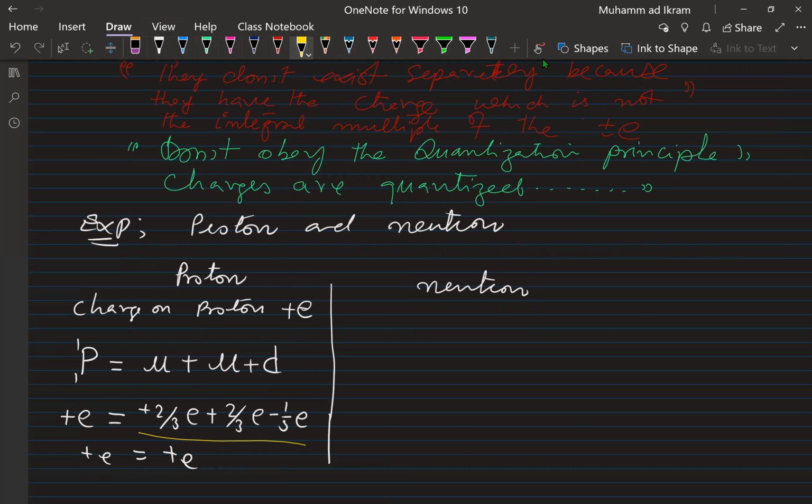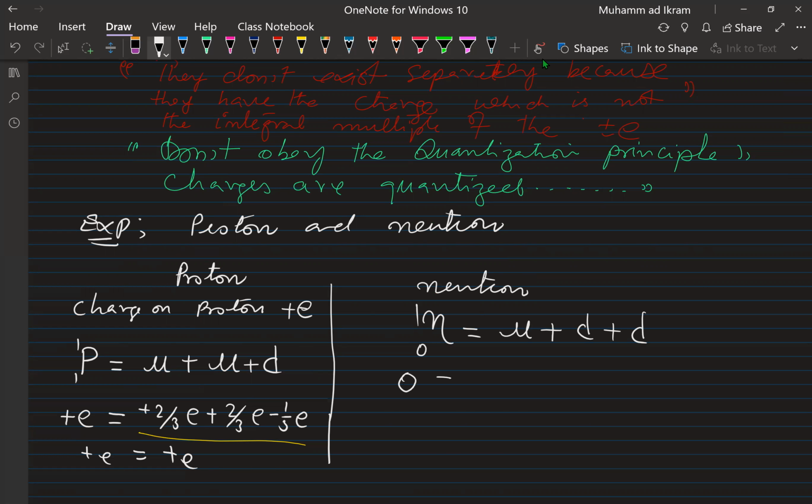Similarly, look at the neutron, which has no charge. Your neutron is made up of one up quark and two down quarks. As there is no charge on the neutron, it has zero charge.